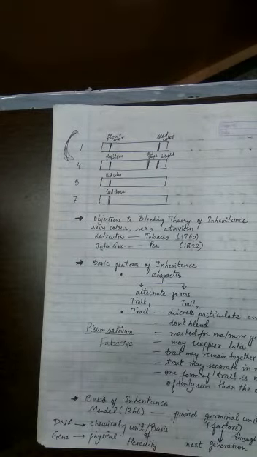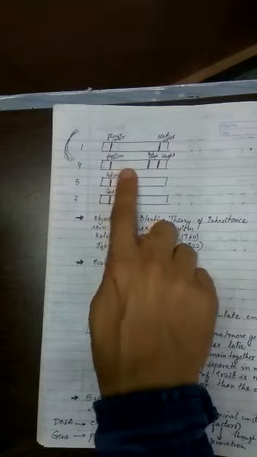So definitely independent assortment will 100% take place, because these two genes are not linked genes, or they are unlinked genes.